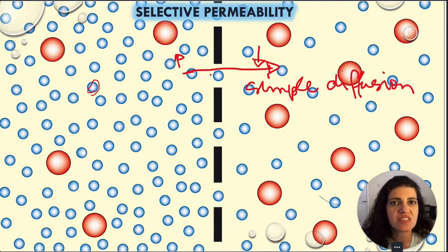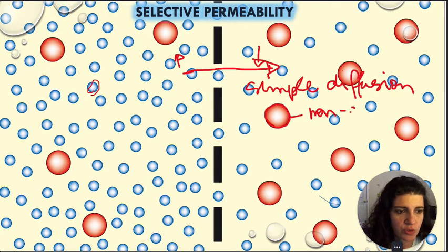Because osmosis mostly happens when the particle that you were talking about, which was my first case, is non-diffusible. Non-diffusible. I think diffusion is one F. I think I'm misspelling it. Diffusible.